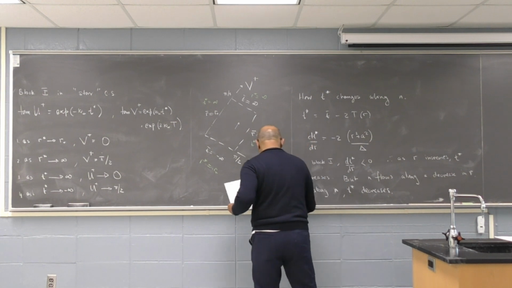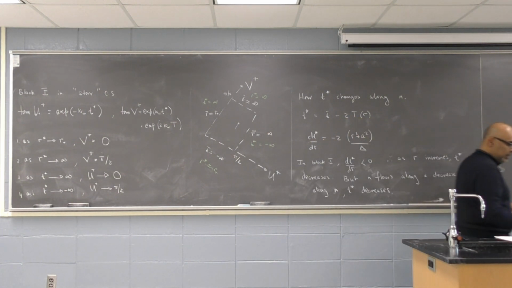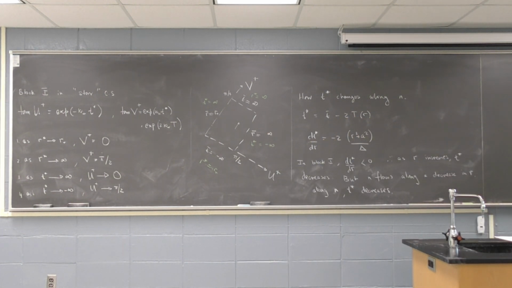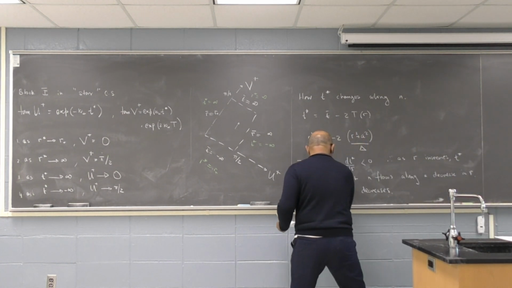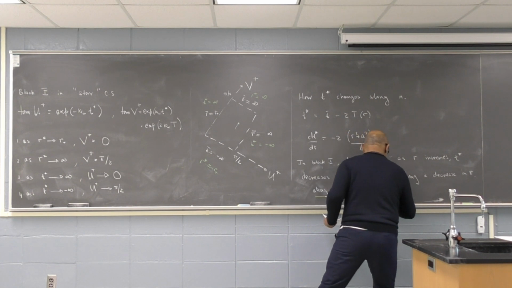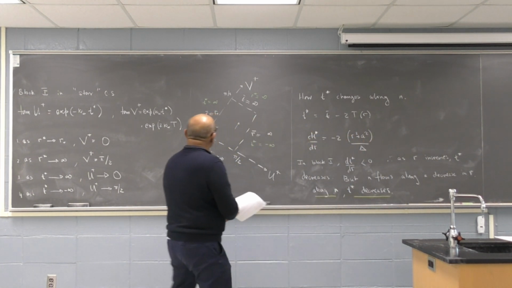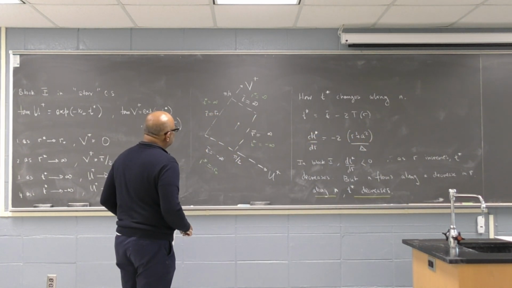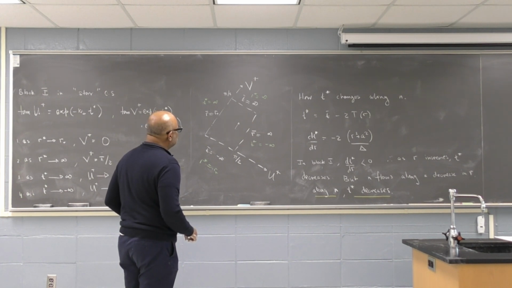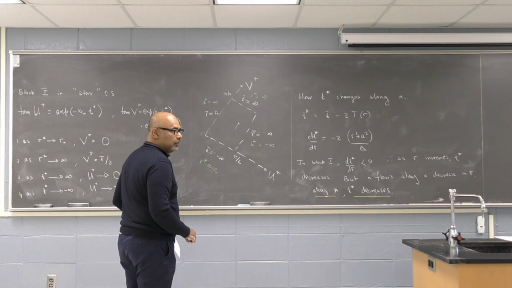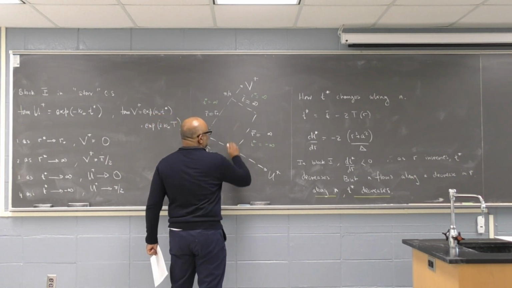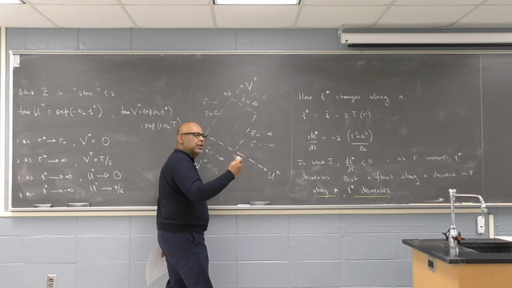Let me pause here and highlight something and also show you why this is a big mess. We know t bar is constant along N, and N falls into the horizon.